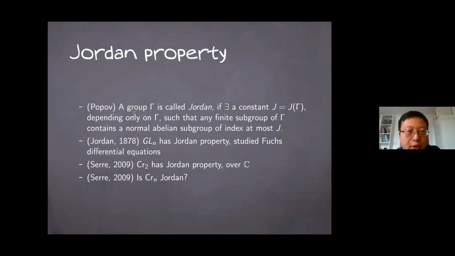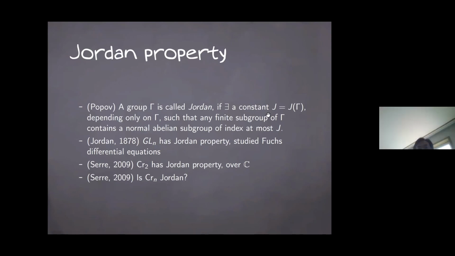A group Gamma, an abstract group, is called Jordan if there exists a constant J, which depends only on Gamma, such that any finite subgroup of Gamma contains a normal abelian subgroup of index at most J. If you see this definition for the first time, you will feel it is very strange.